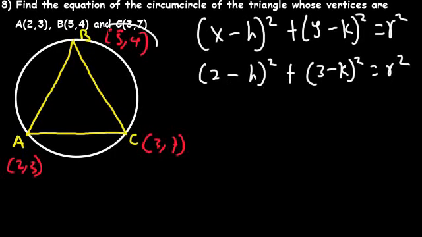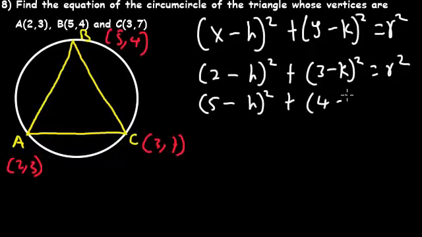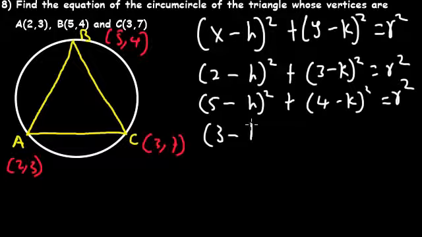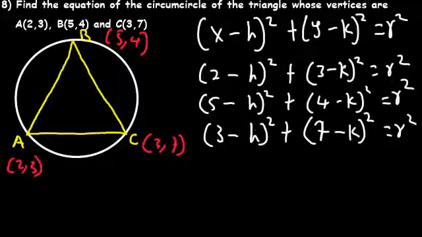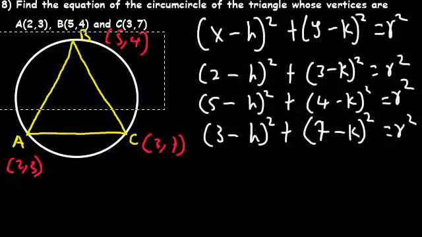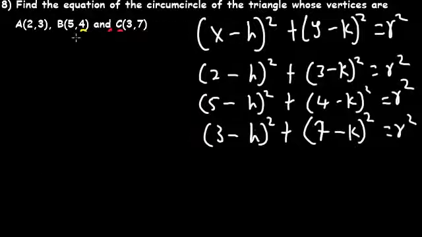Then at (5, 4), we have (5 minus h) all squared plus (4 minus k) all squared equals r squared. And at (3, 7), we have (3 minus h) all squared plus (7 minus k) all squared equals r squared. Now we are good to go.